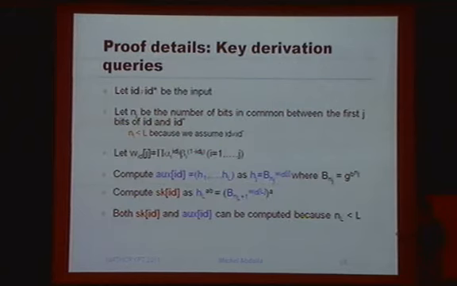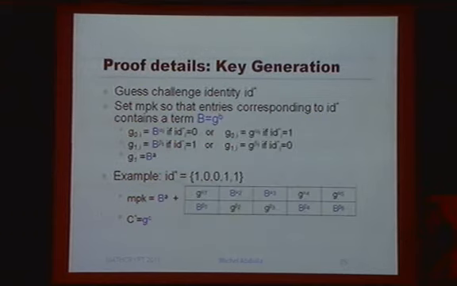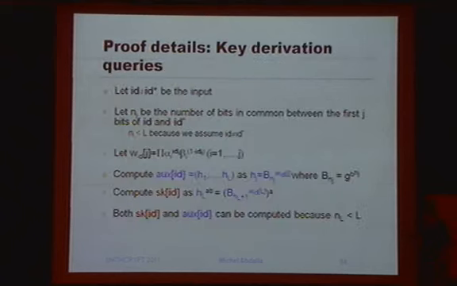By using this knowledge, why do we care about the number of positions in common? It's because, the way we chose the public key, every time the ID matches ID star, we include one B element in the computation of the element h. Sorry for the details.